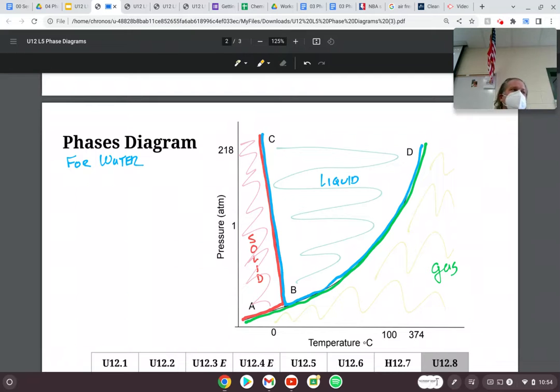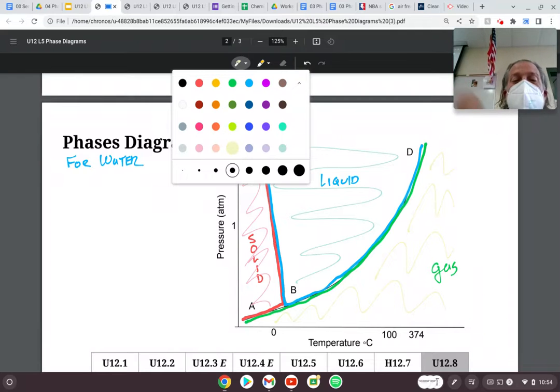Now, each of the lines, for example, the line CB, and I'm going to try to write this as a statement of fact.